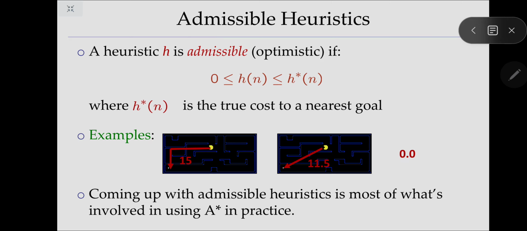When the agent can enter the obstacle, the value of the cost decreases, because in the admissible heuristic you need a cost less than the optimal solution.